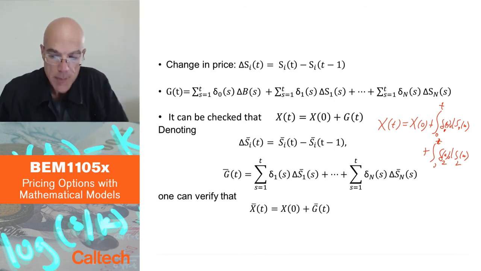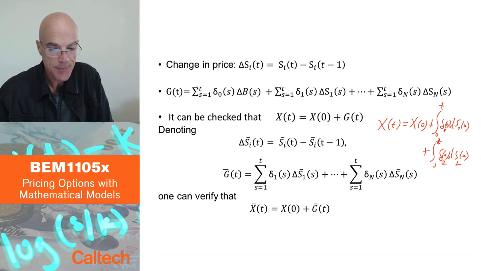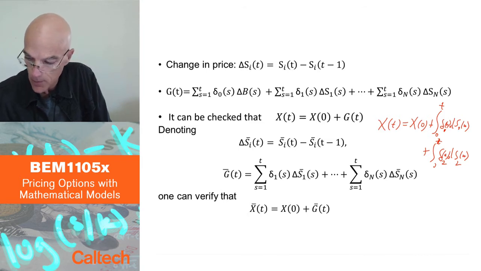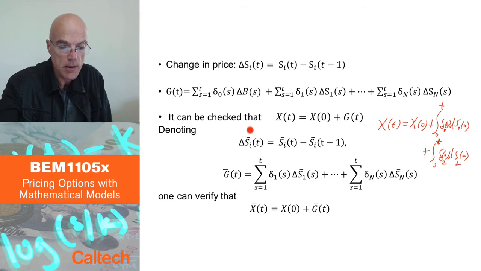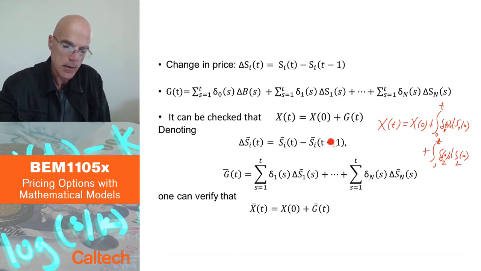All right. So discounting, similarly as before, we will have, let me just switch here to this. The discounted change in price definition is the same as before. You subtract the discounted profit or loss: discounted price at t minus discounted price at t minus 1.